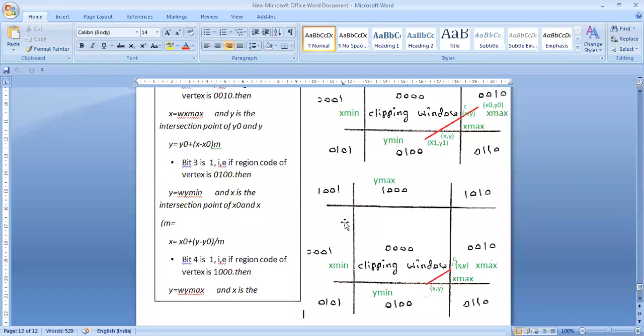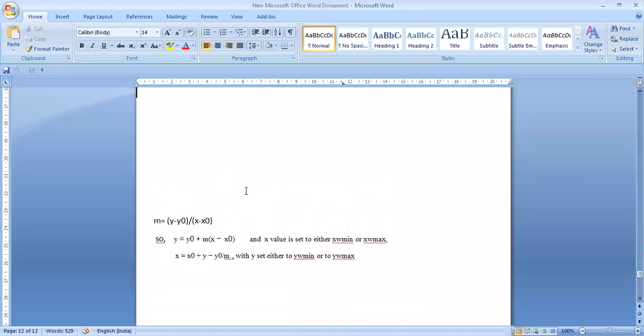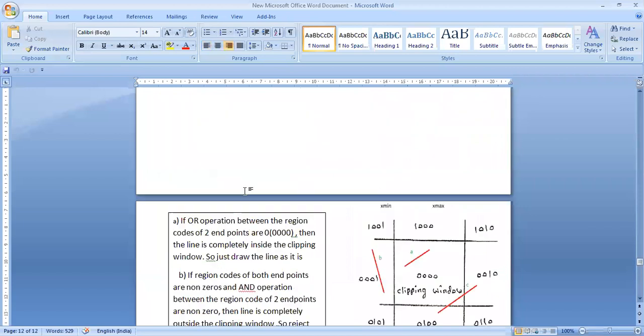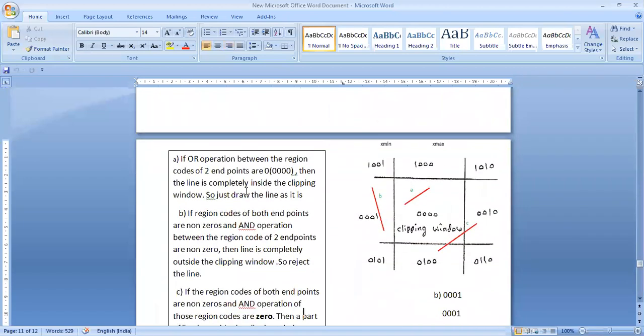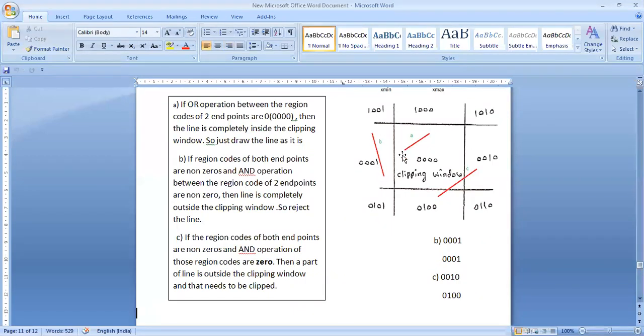First we should check whether the line is lying inside, lying outside, or part of it is lying inside and part of it is lying outside. If both the region codes are 0 0 0 0 and the AND operation is 0, then it is completely inside. If both the endpoints are non-zero and the AND operation turns out to be non-zero, then it is completely outside.